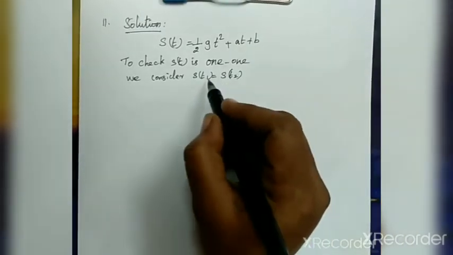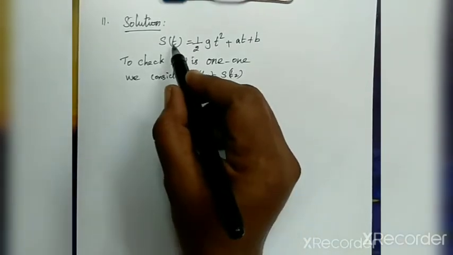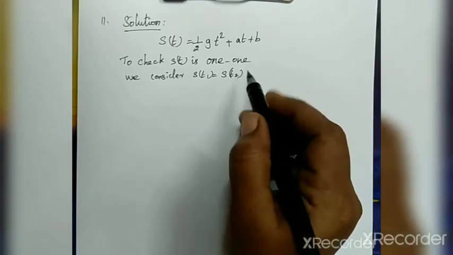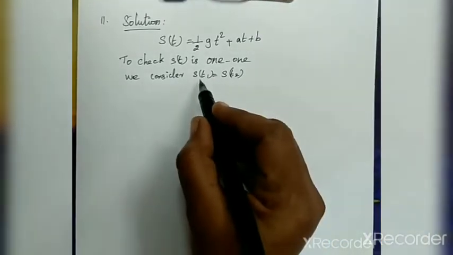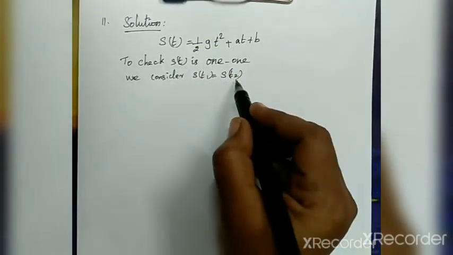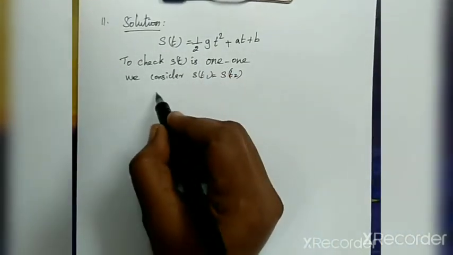That means we have to take t as t1 and next take t as t2. So let us substitute in the function s of t in these two. We will get like this.